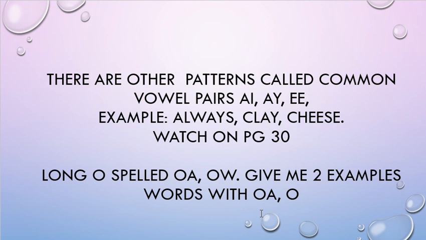It says arrow. Where does it go? You're going to give it to me in our next class. And the word goal. Where does it go? You're going to tell me in our next class.